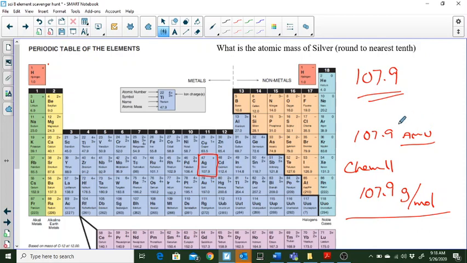This would be the mass of one atom, so this would be a very, very small value. This is the mass of a mole of atoms. And a mole of atoms is a huge number of atoms, but it still represents a small quantity of that.